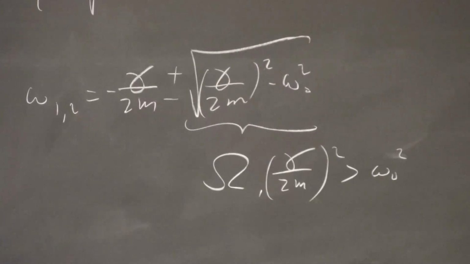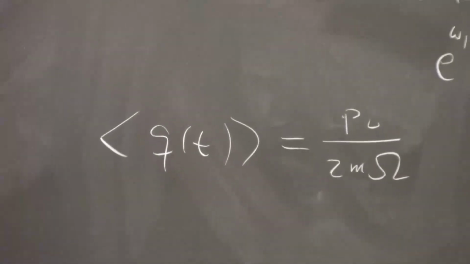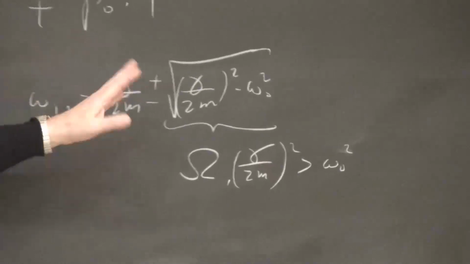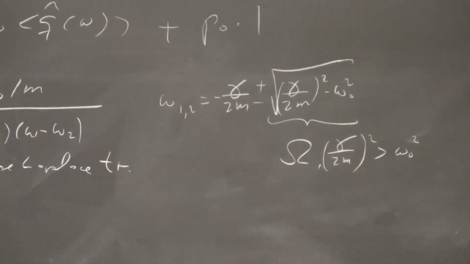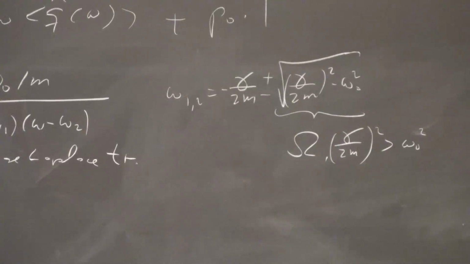So then we have here P0 over 2m omega, because omega 1 minus omega 2 is exactly this plus this. And this guy here is the same for both solutions. And then we have here e to the minus gamma t over 2m.